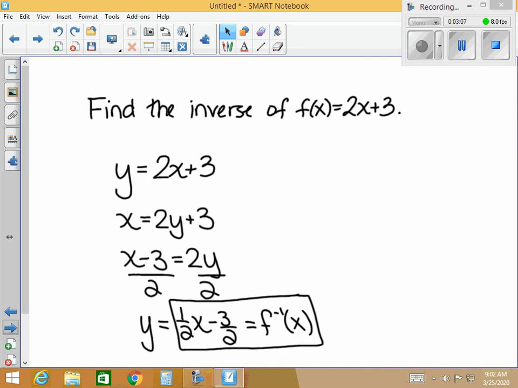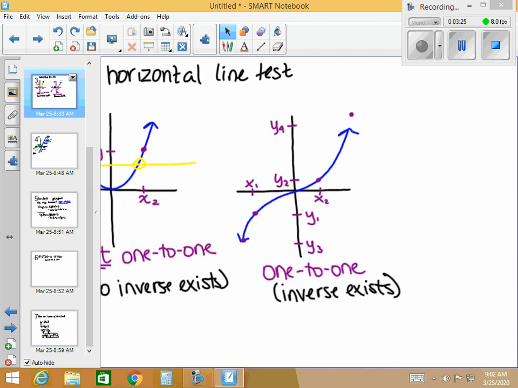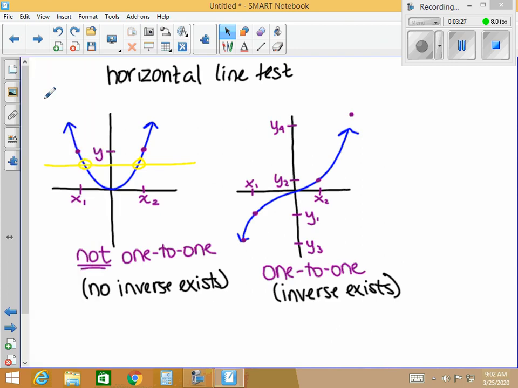Some of these rational things that you'll see in your exercises are not what we're going to be working with later in the chapter. The idea and the feel for section 4.1, and my videos have been kind of shaky, so I apologize, is getting the understanding down of what functions have inverses and how they work.